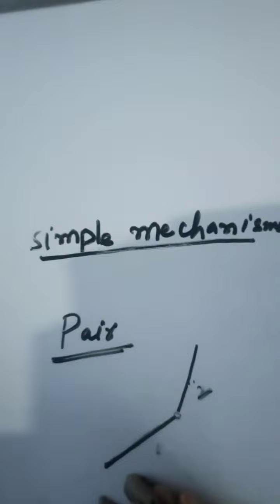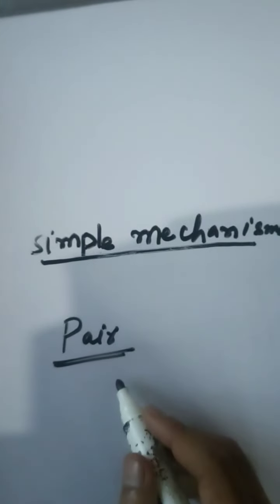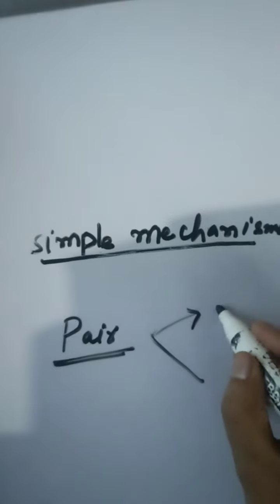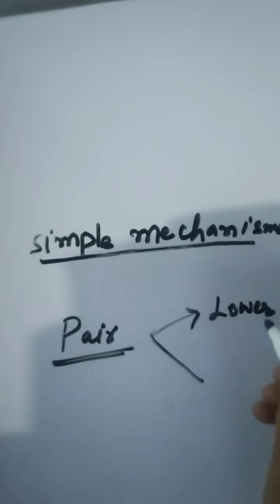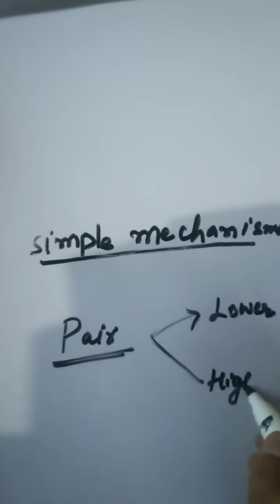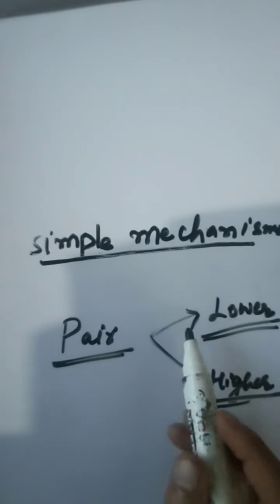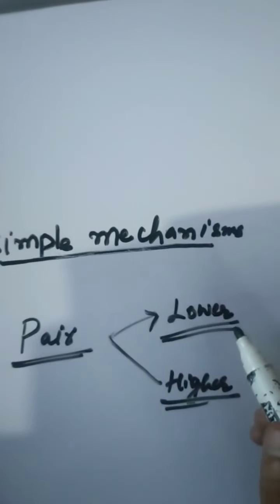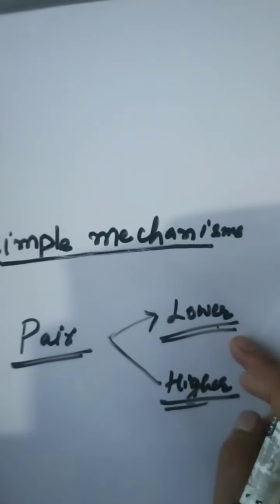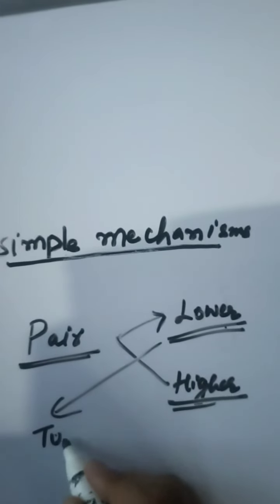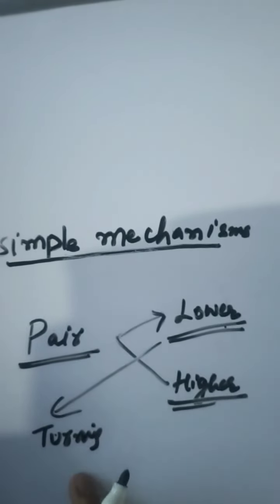Okay, so now what are the various types of pairs? Pairs are of two types. One is called a lower pair, another is called a higher pair. In case of the lower pair, you will see a single type of motion. For example, there may be the turning type of motion.